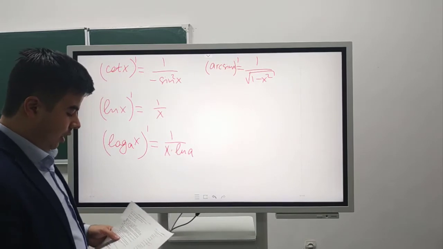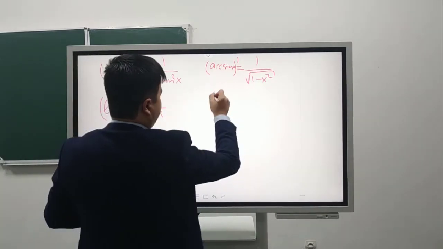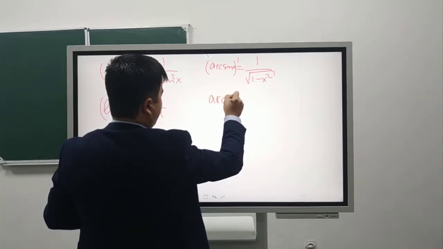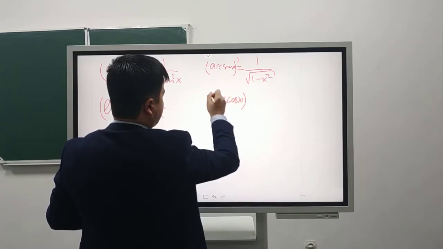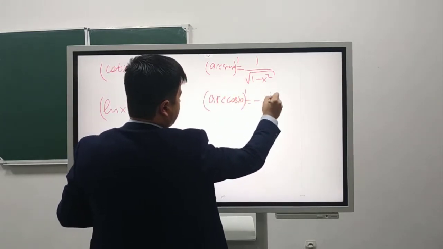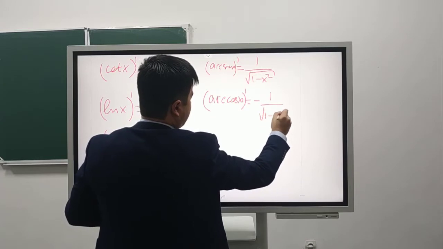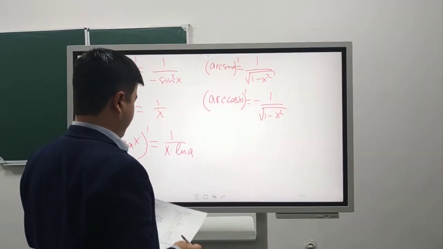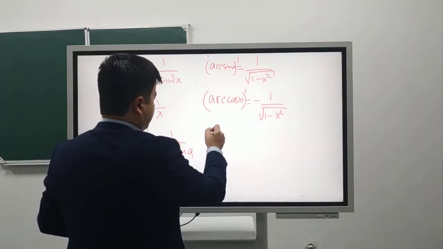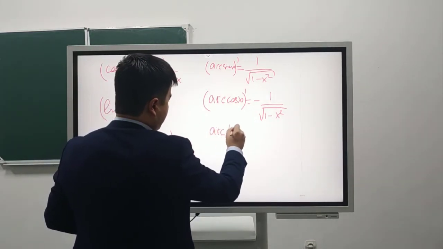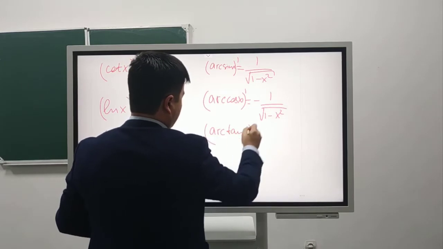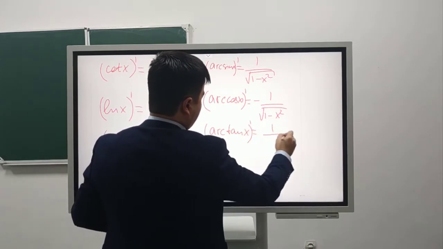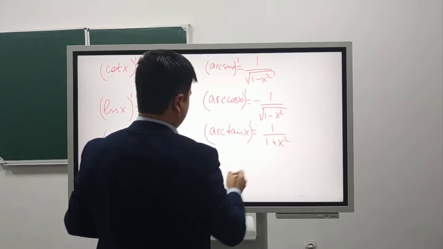And the next one, arccosine x. Similarly, we have derivative of arccosine x. It is minus 1 over square root of 1 minus x squared. And here we have arctangent and arccotangent. So arctangent x, it is 1 over 1 plus x squared.